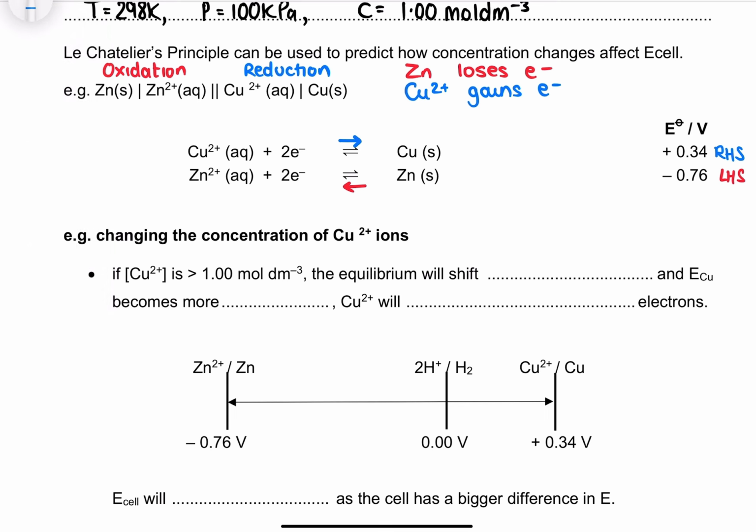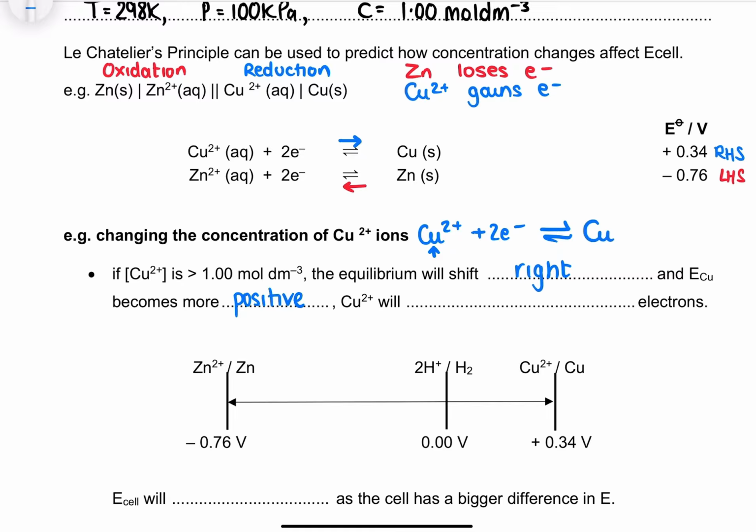So let's think about the copper half cell. Remembering that the equilibrium we're considering is copper 2+ in equilibrium with copper. If we were to increase the concentration of copper 2+, then according to Le Chatelier's principle, the equilibrium will shift right to oppose the change, and as a result, we're going to gain more electrons and the value will become more positive.